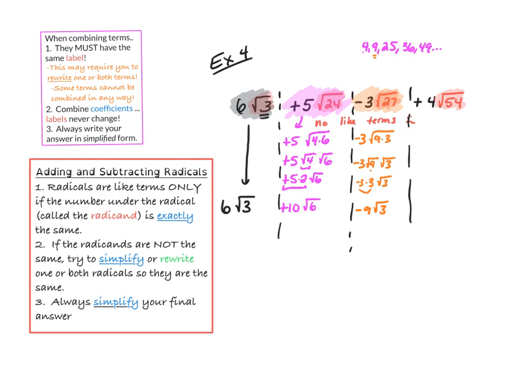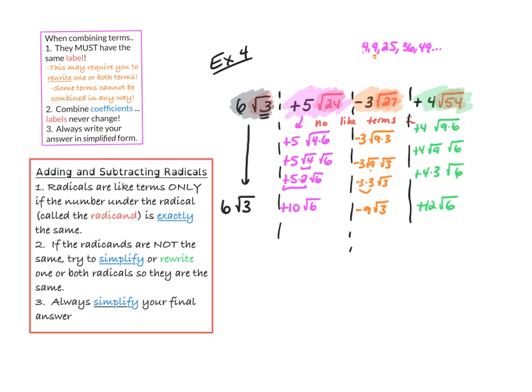We're going to continue, and we'll simplify the last term very quickly, which I'm going to do in a green color just to keep track of it. So I'll copy my plus 4. Now instead of 54, I'm going to write that as 9 times 6. And then we'll use the product rule to rewrite it as the square root of 9 times the square root of 6. Square root of 9 is, of course, 3. So we have plus 12 root 6.